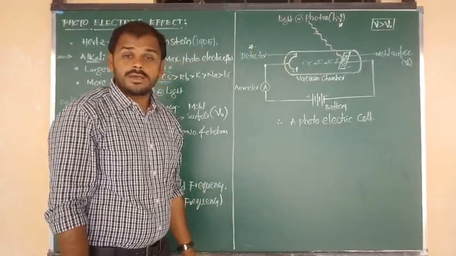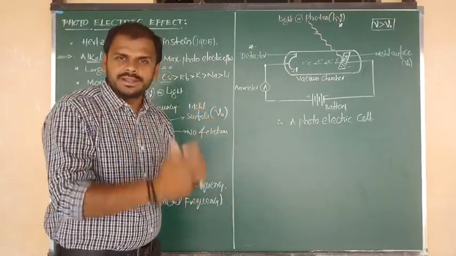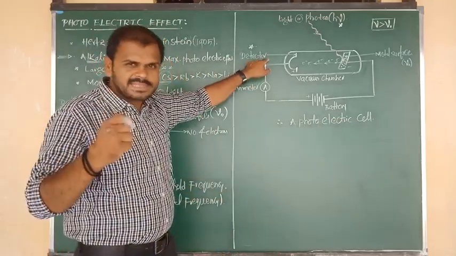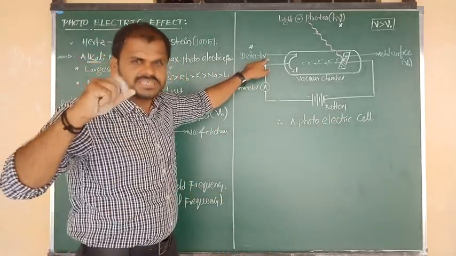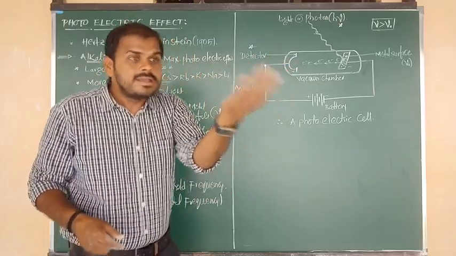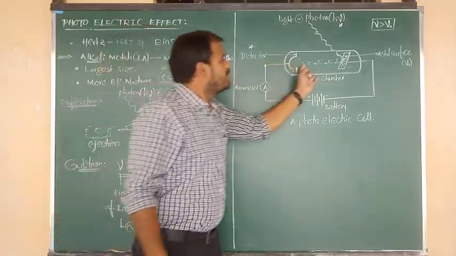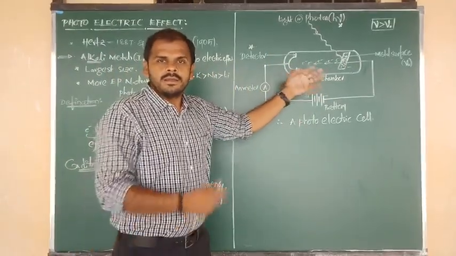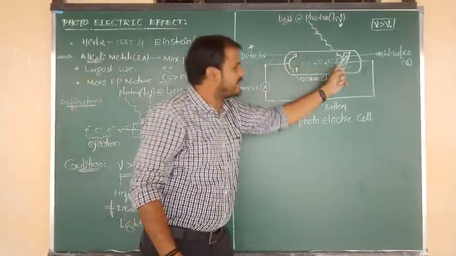They may ask you the question, why do we use a detector in a photoelectric cell? The importance of the detector is that it detects, or counts, the number of electrons ejected or released from the metal surface.